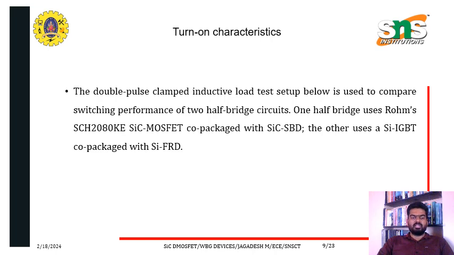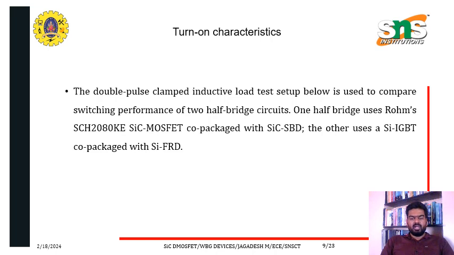Turn on characteristics. The double pulse clamped inductive load test setup below is used to compare the switching performance of two half bridge circuits. One half bridge uses ROHM's SCH2080KE SiC MOSFET co-packaged with a SiC SBD.